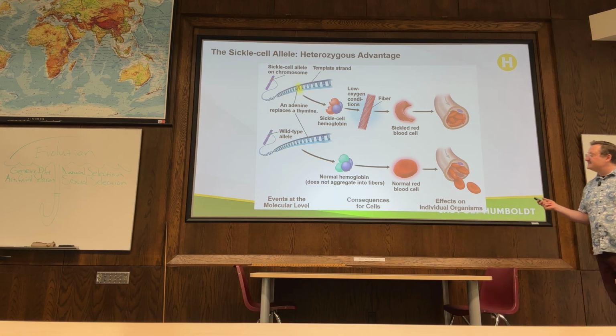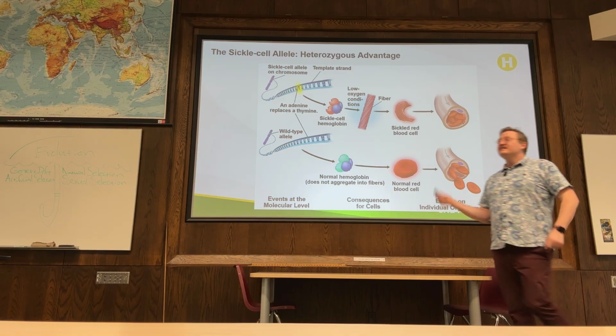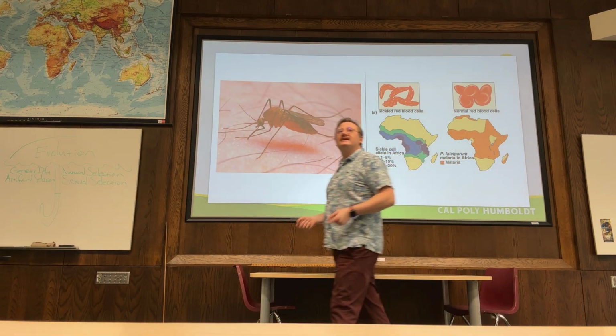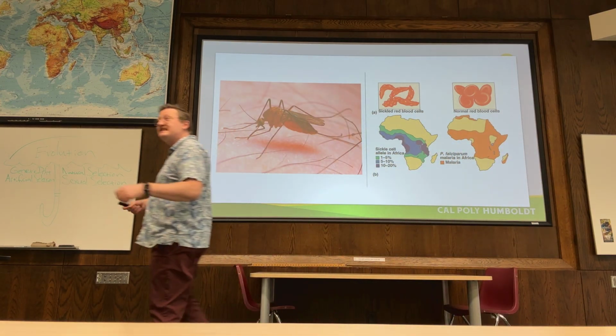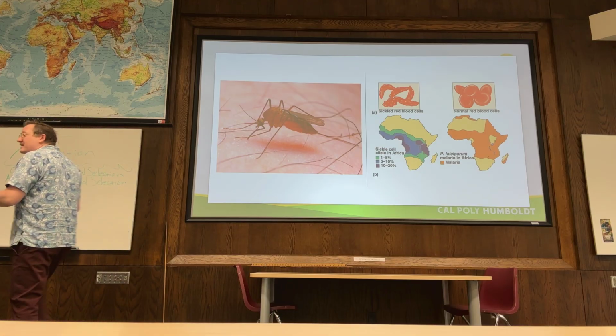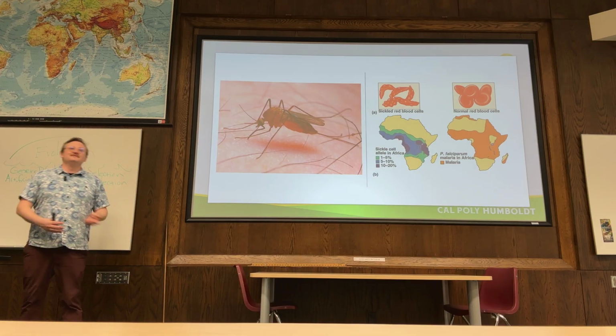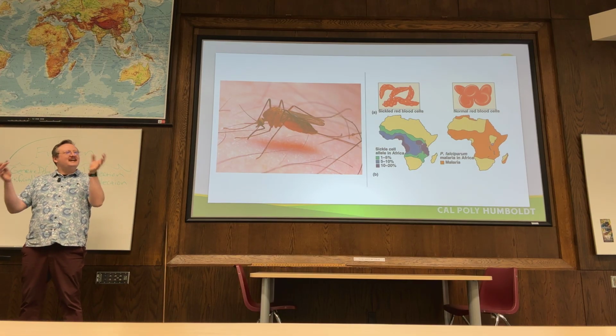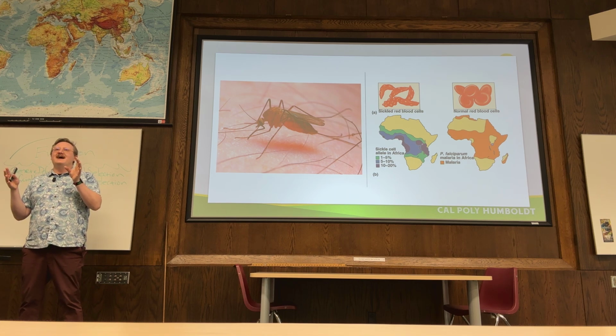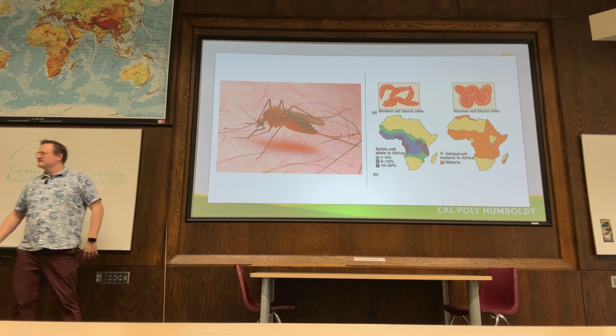But if you're heterozygous, okay, you have some normal red blood cells, you have reduced blood clotting, and you still have a decent oxygen carrying capacity in your blood. Also, you're highly resistant to malaria. So if you're in an area where malaria is a major selective pressure, all right, then being heterozygous is really beneficial. So there's a heterozygote advantage here, all right? Solid? Cool.